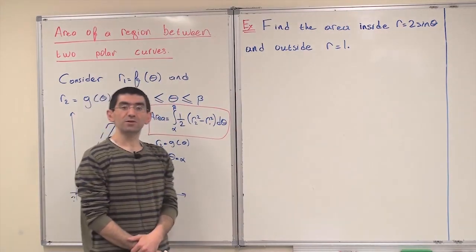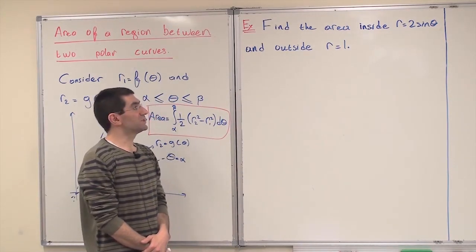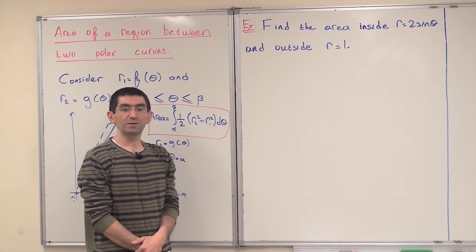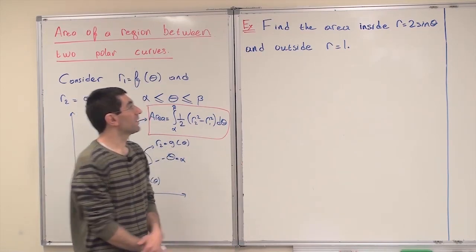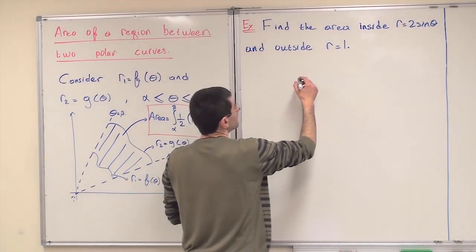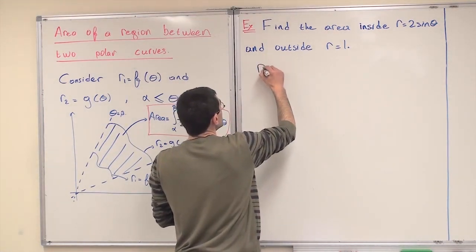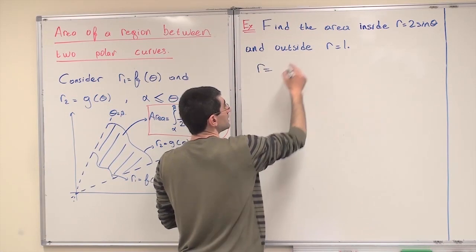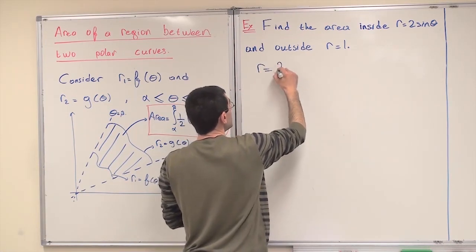So again, it is recommended that you sketch these polar curves and mark your area clearly. This will help you to set up your area integral correctly. So, to sketch these polar curves, let's start with 2 sine theta.